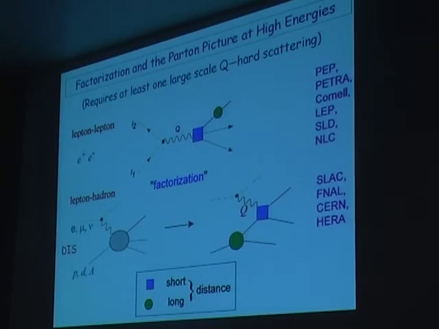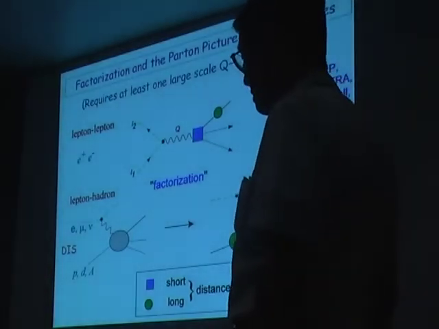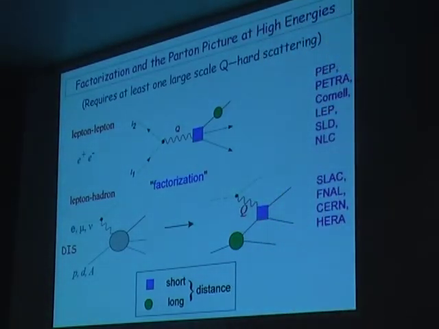Knowing that factorization forms the basis of the parton picture, let's just go over all the processes to which our considerations will apply, which will cover most of the subjects of this summer school.